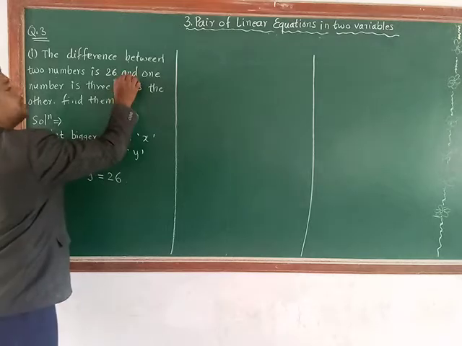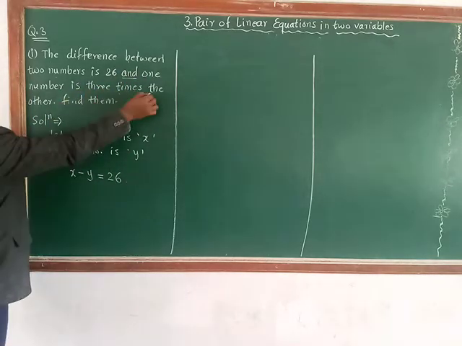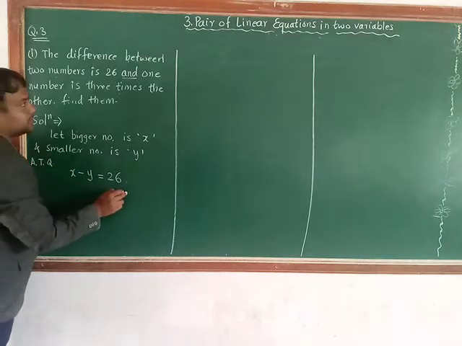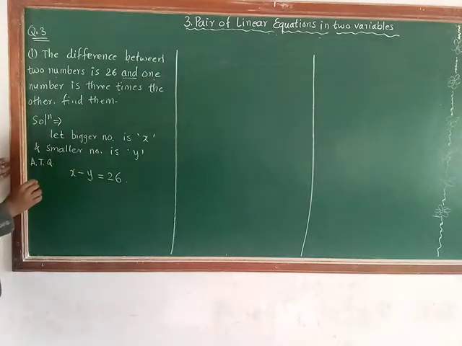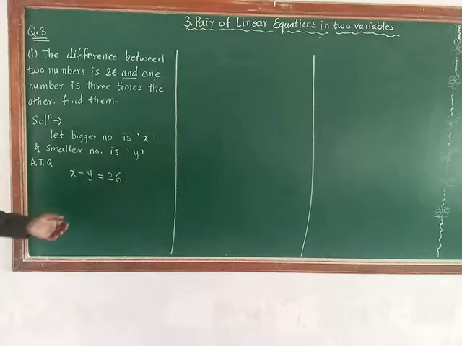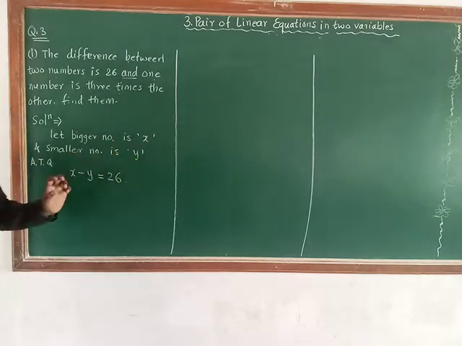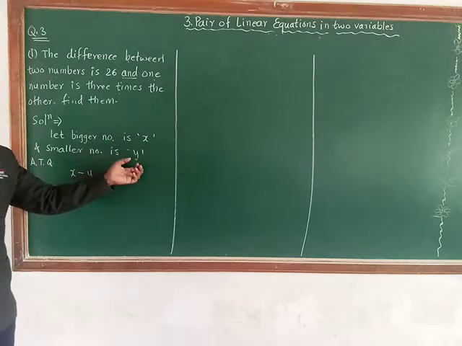Now, one number is 3 times the other. As per the question and condition first, we got x minus y is equal to 26. But one number is 3 times the other. So now here we know that the bigger number is x and the smaller number is y. So the bigger number is 3 times the smaller number.